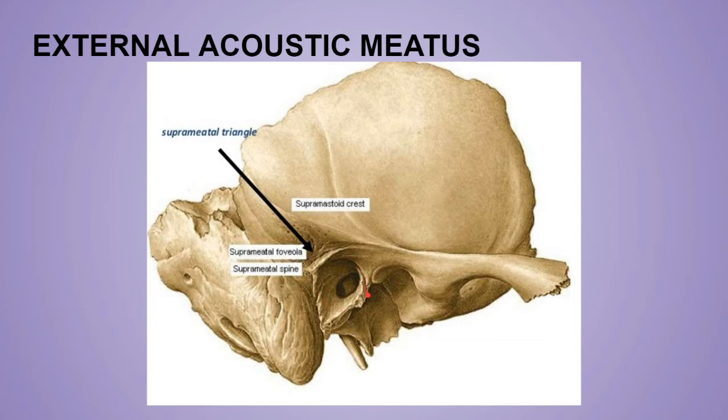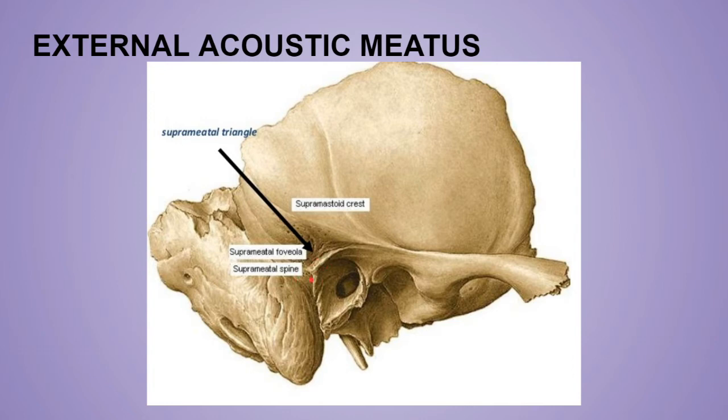These whole margins are formed by the tympanic plate, and the postero-superior margin is formed by the squamous temporal bone. So this one by the tympanic plate, and this one by the squamous temporal bone.